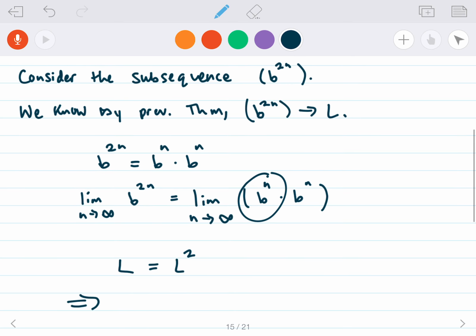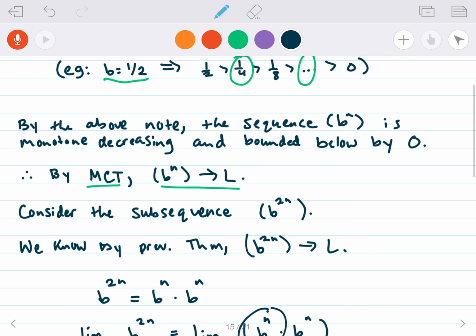And so this means that L squared minus L equals 0.